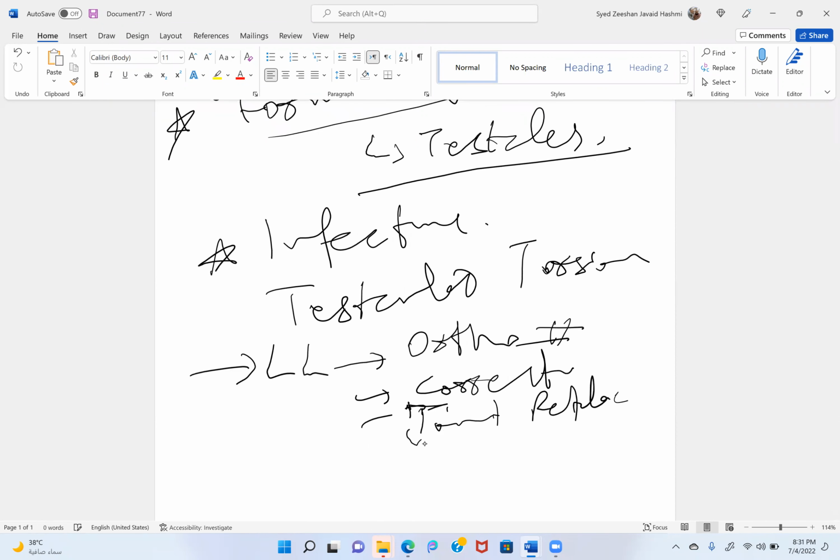If it is becoming infective, it may be drainage, or it may be amputation. So you can divide it like that.